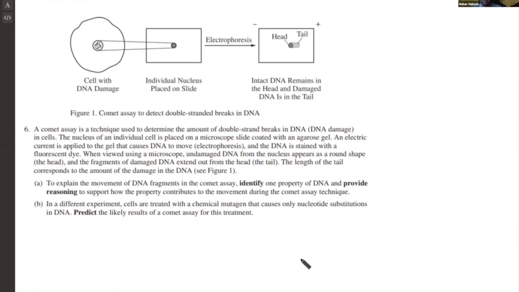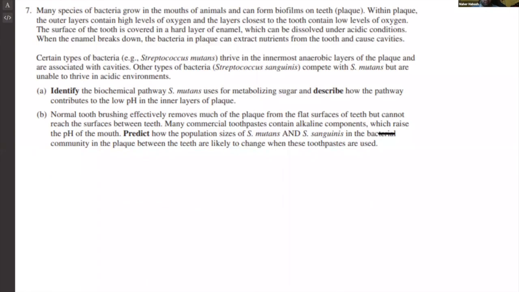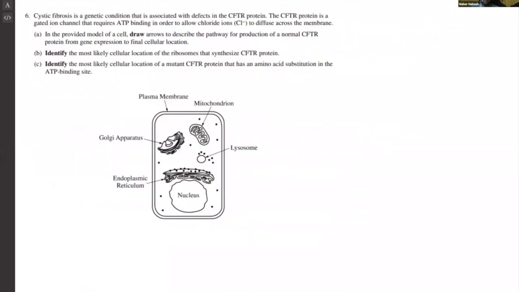Perfect. Okay, let's see what other good ones there are. Perfect. That one would work. The answer would work well too.